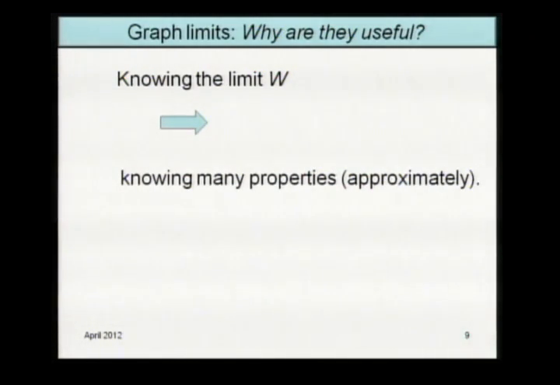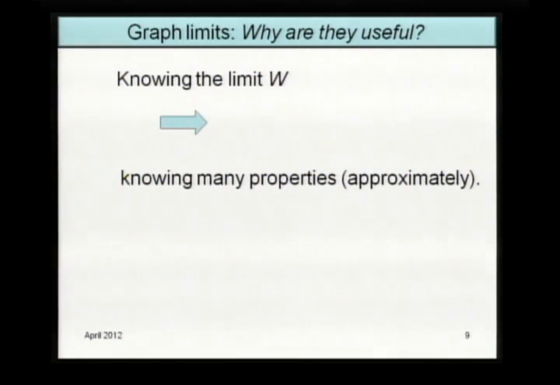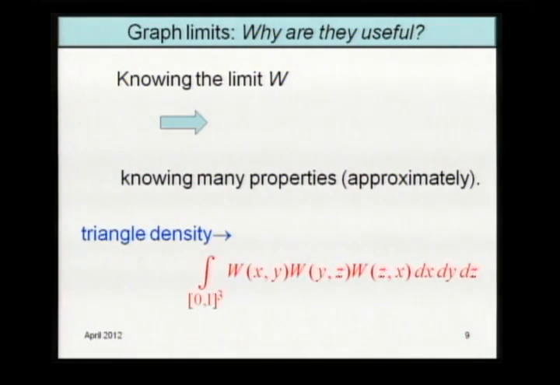It turns out that it contains a lot of information about the graph, and there are many properties of this graph which can be recovered once you know the limit. I will only give a very simple example. Suppose you want to know, say, the triangle density in the graph. I could say, again, 4-cycle density or something.